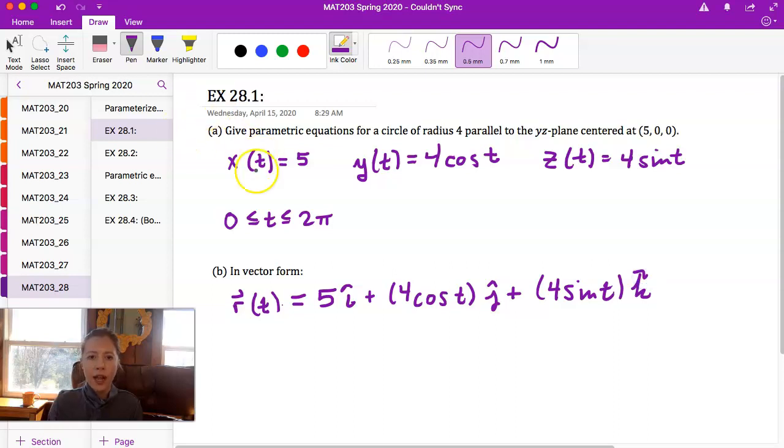Okay, so we're just using the x, y, and z. Those are going to be the components of our vector, the i hat, j hat, k hat.